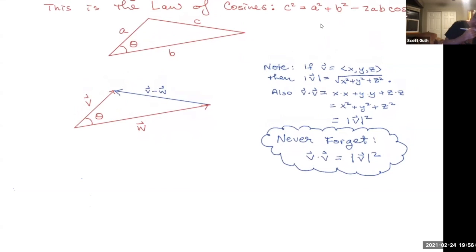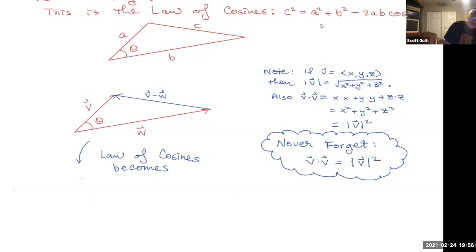Now, if we translate the law of cosines from the vector form of this triangle, this becomes, let's see, C squared is the magnitude of V minus W squared. So this would be magnitude V minus W squared. That's the C squared.